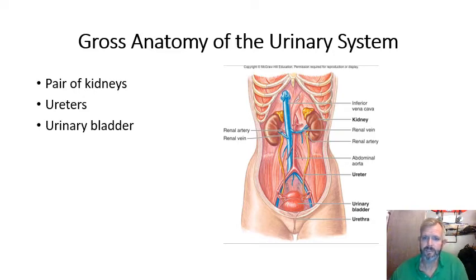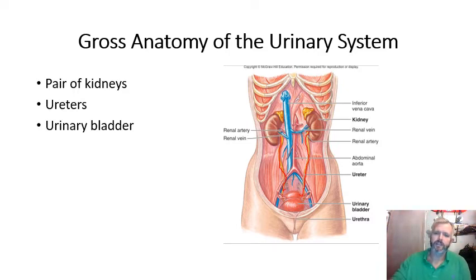Okay, but simply the urinary system, we have that pair of kidneys. That's where the filtration is going to take place. That's where the urine formation takes place. And as the urine is formed, it is brought into the ureters, little yellow string-like structures that lead down into the urinary bladder, where we're going to store it.